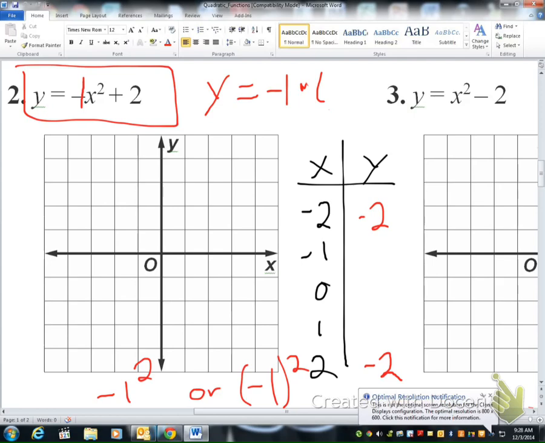Remember, that's the whole point of this, is that those are going to be mirror images. So whatever you get for your value for negative 2, you will get for your value for positive 2. Please remember though, this is only true if your quadratic equation is missing what?